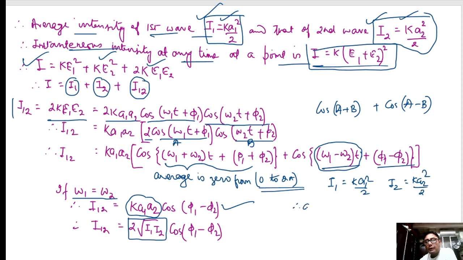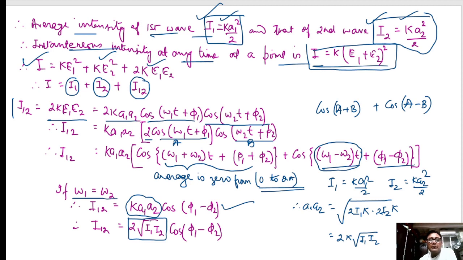So therefore a1 a2 should be what? Root over 2 I1 k into 2 I2 k, that means 2k root I1 I2.